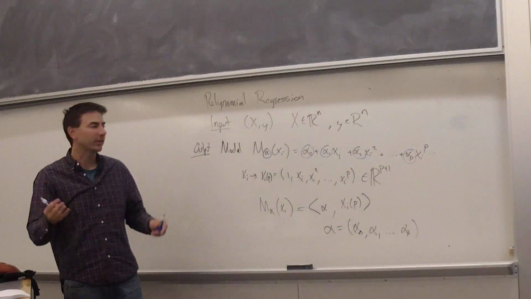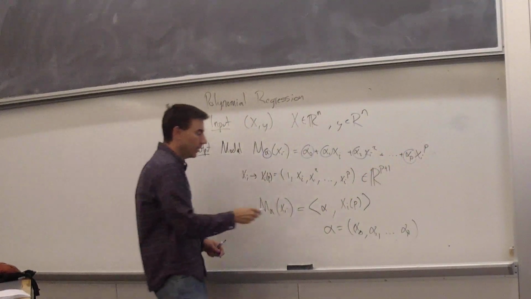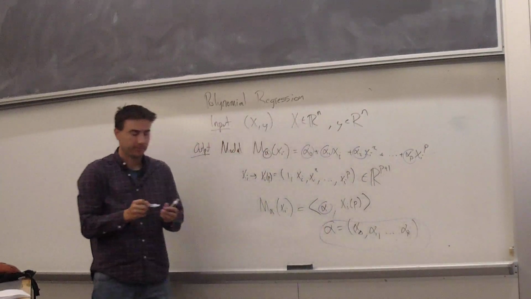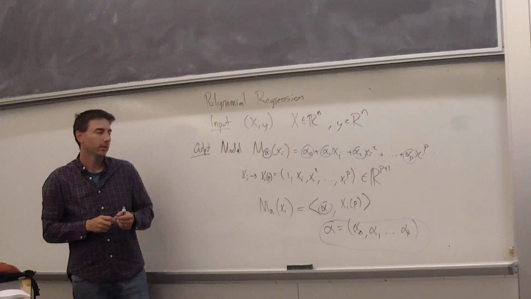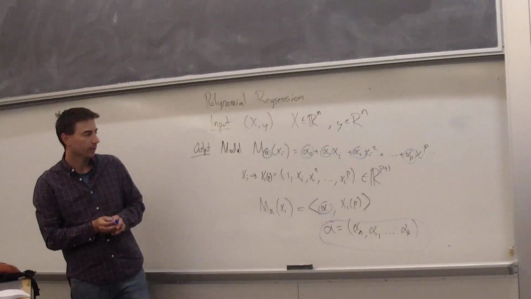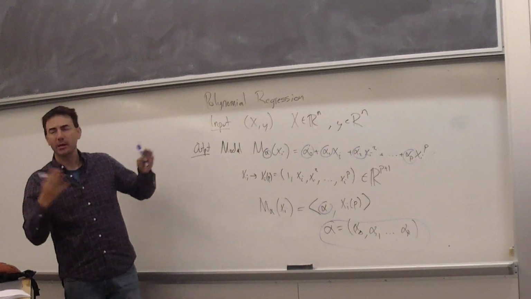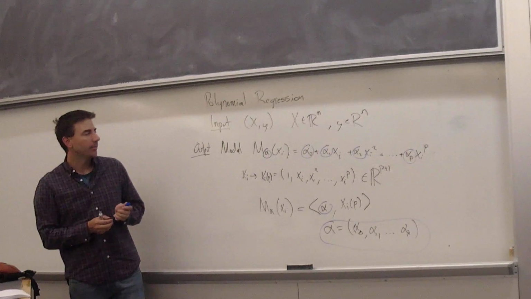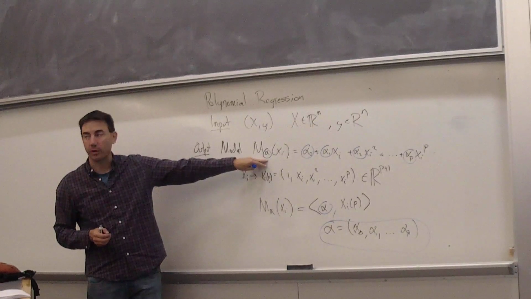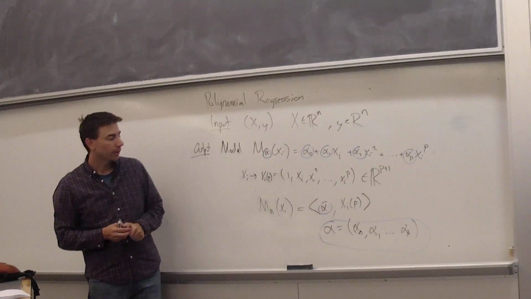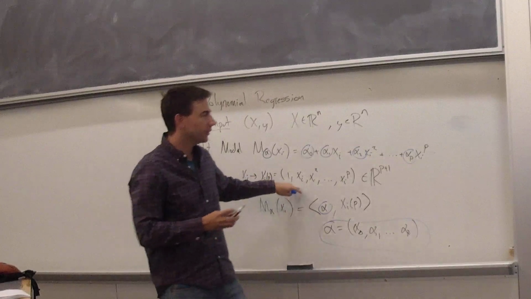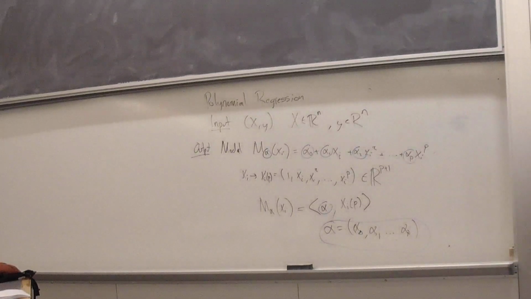This has to apply for all data points, and this is described by this vector. Okay, and then the goal, like before, is to find the choice of alpha which minimizes the sum of the squared residuals.